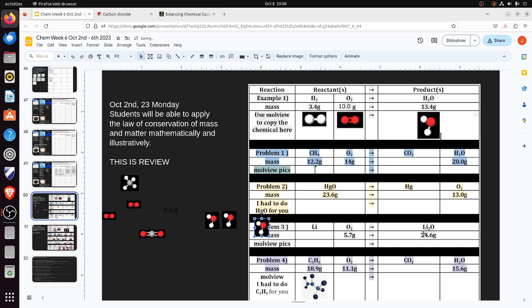So I went ahead and copied this water molecule, and I am bringing it up there to show that we are now conserving 2 red oxygen atoms. And now we have 4 white hydrogen atoms and 2 white hydrogen atoms. So I'm going to go ahead and conserve those 2.